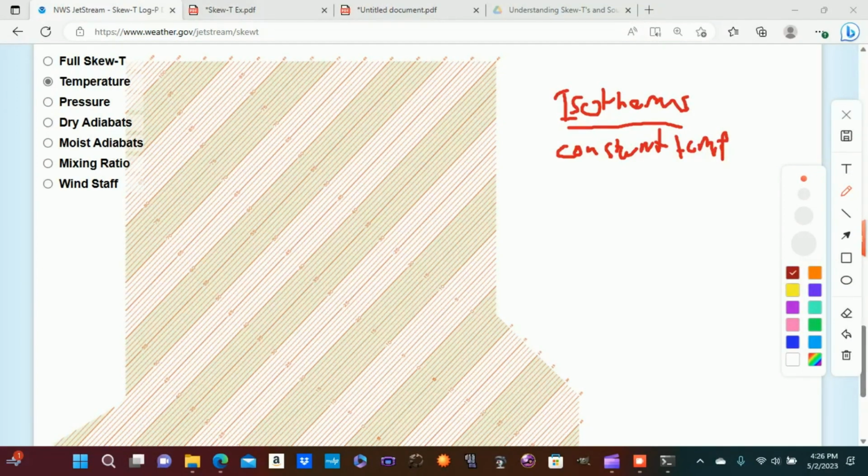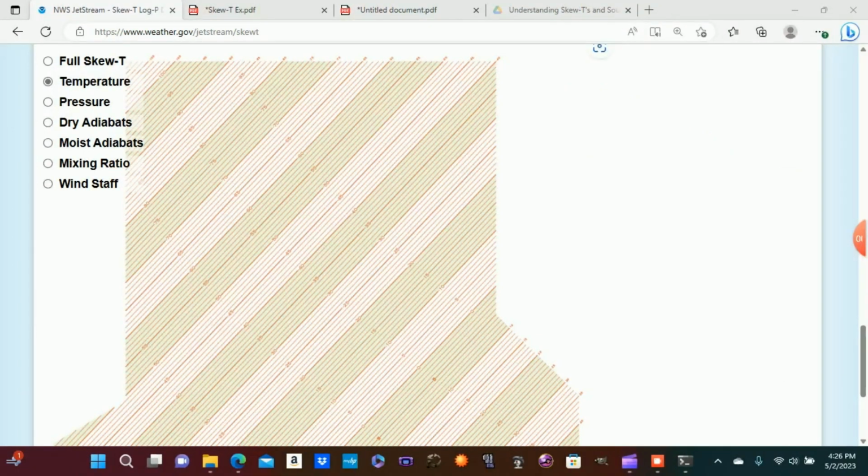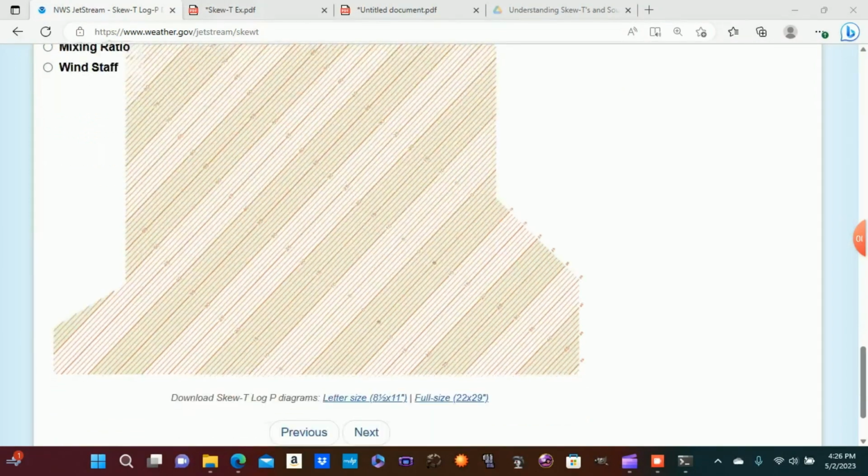These lines of constant temperature, or your isotherms, are skewed to the right here, as you can see. And hence the name Skew-T. That's where the Skew-T comes from. These lines of constant temperature, or isotherms, are measured in degrees Celsius.